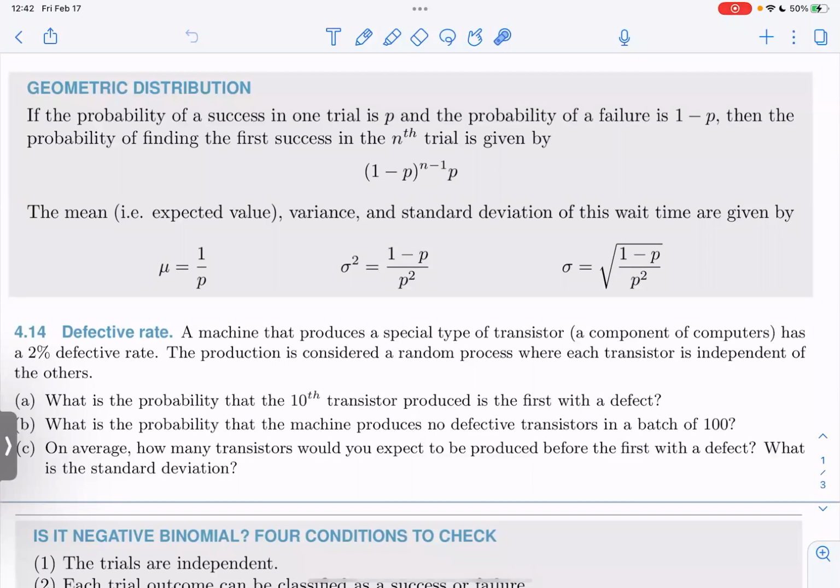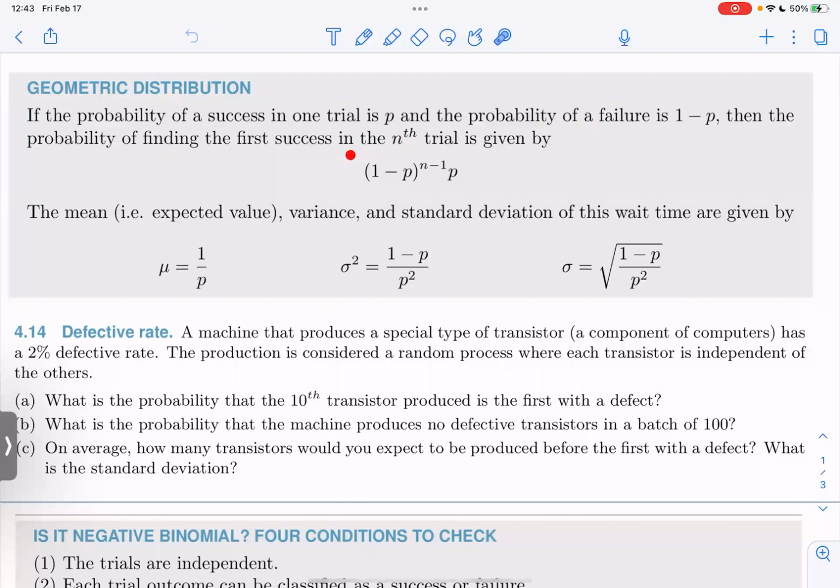There's a geometric distribution. Okay, and the geometric does what? If the probability of a success in one trial is P, the same as the binomial, then the probability of failure is 1 minus P, same as the binomial. Then the probability of finding the first success in the nth trial. So it's another distribution that you can use to find the probability of finding the first success in the nth trial.